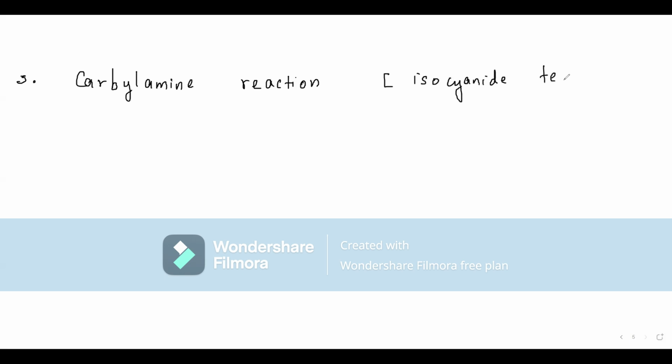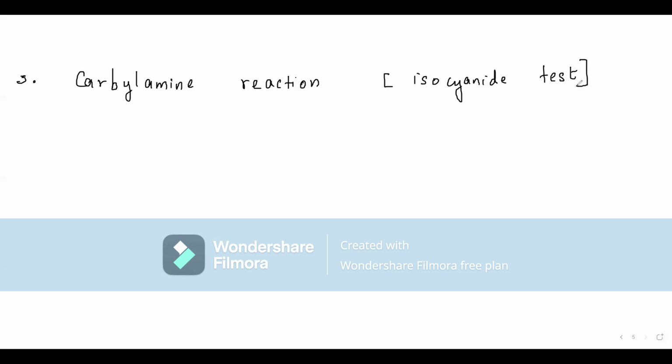The next reaction that we are studying here is a very important reaction. Almost every year in the paper, this question appears: the carbylamine reaction. This is also called the isocyanide test.